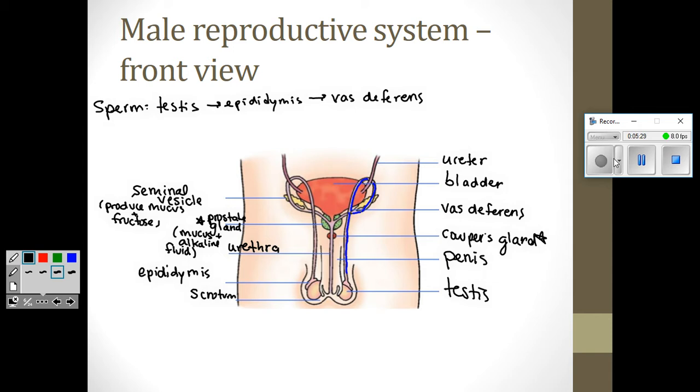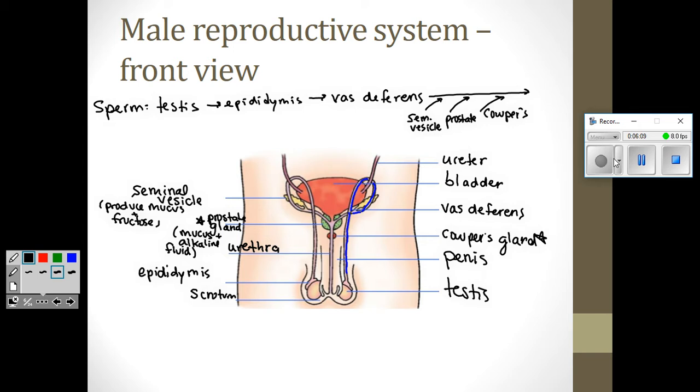Now, as they go through the vas deferens, there are three things that contribute to semen besides the sperm that are there. So notice I'm not showing that the sperm are going into those three structures, but rather that they're contributing. That would be the seminal vesicle, the prostate, and Cowper's gland.